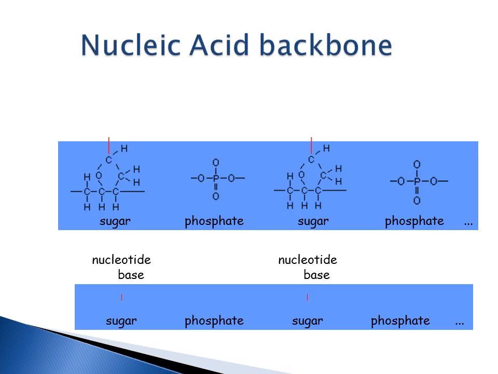So the nucleic acid backbone, we have a sugar, phosphate, sugar, phosphate, sugar, phosphate over and over again. Attached to the sugar is a nucleotide base, and that nucleotide base could be one of 4 possibilities. And depending on the order of those nucleotide bases, it's going to give you a different function.